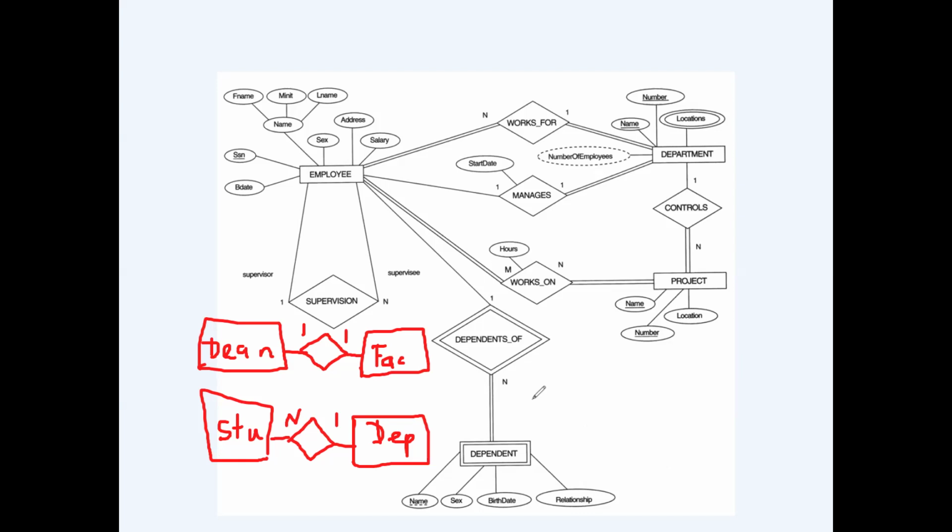Students follow courses, or rather subjects, students and subjects. Exactly.